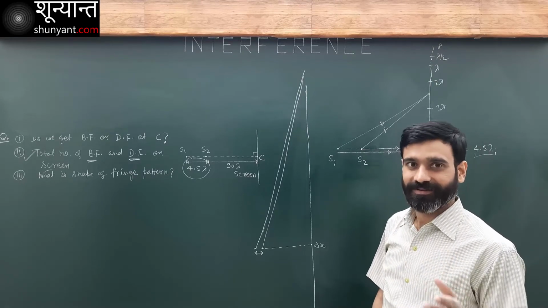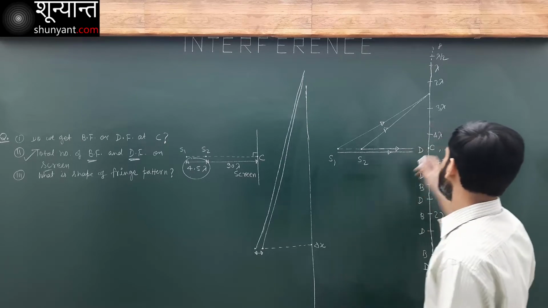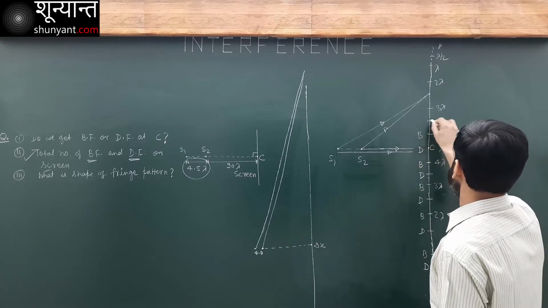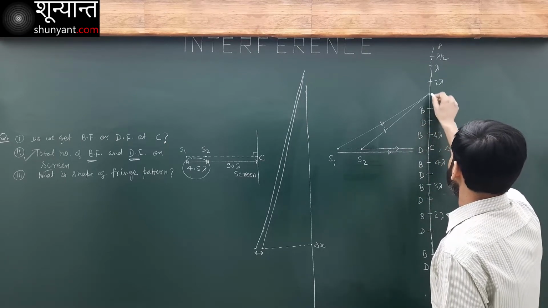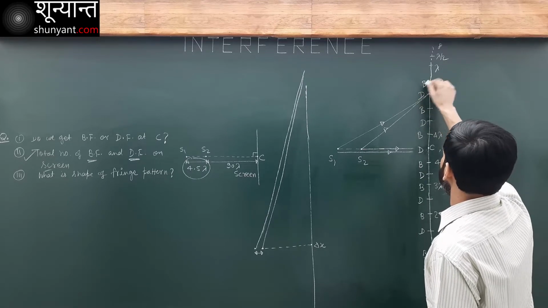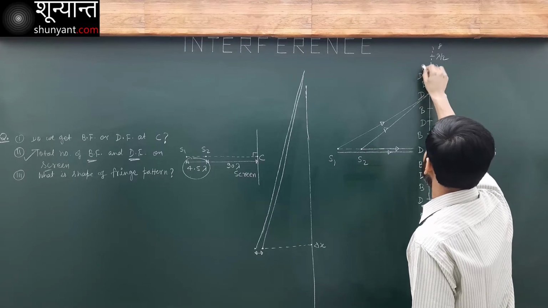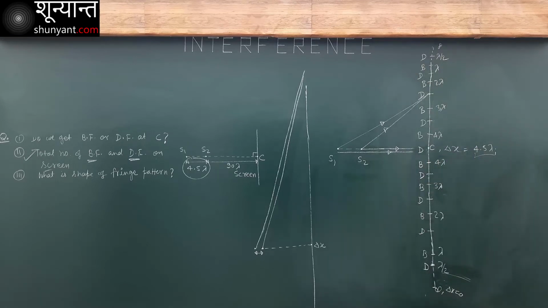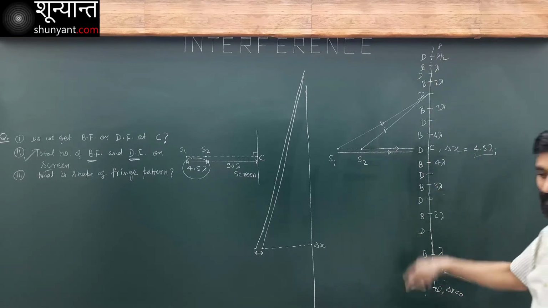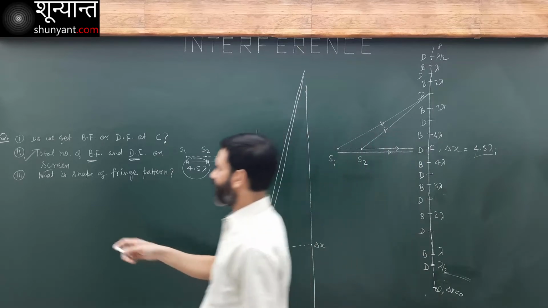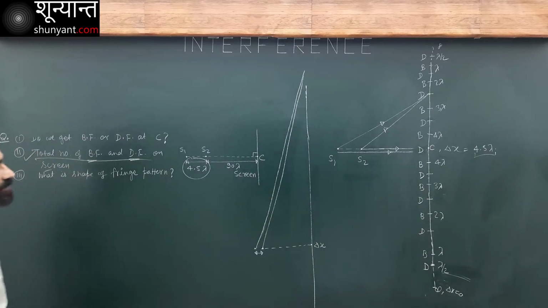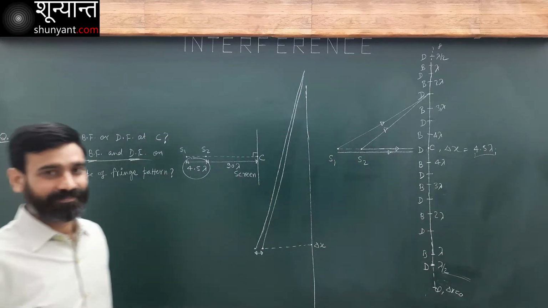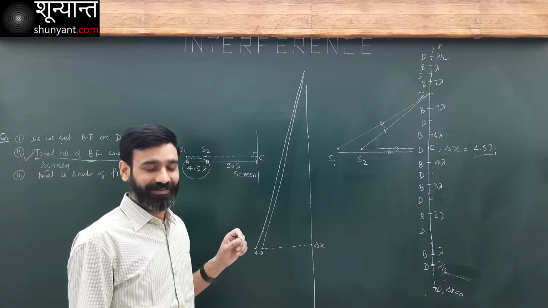That I cannot see, so I will not count it. So this becomes bright, dark, bright, dark, bright, dark, bright, and dark. This will be my fringe pattern. Now you can count the number of bright fringes and dark fringes. Okay, understand this?